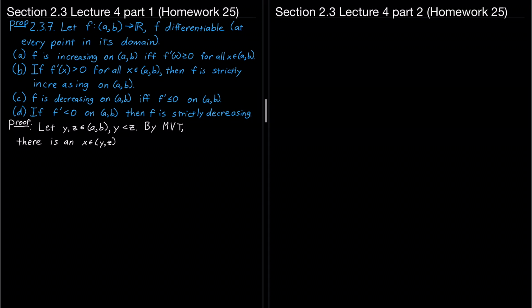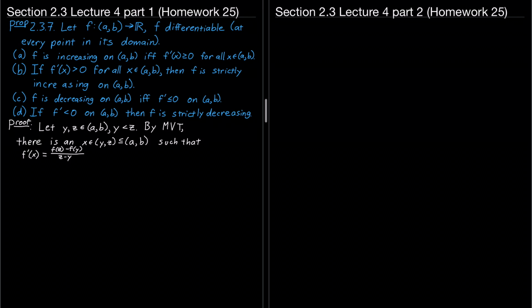Since y and z are in this interval, the interval from y to z is contained in the interval from a to b, so x is also in AB such that we can write f prime of x as f of z minus f of y over z minus y.